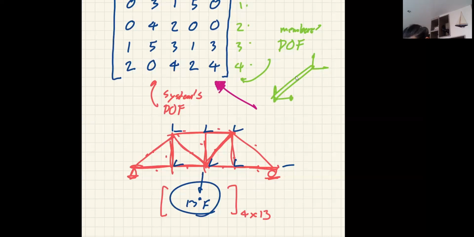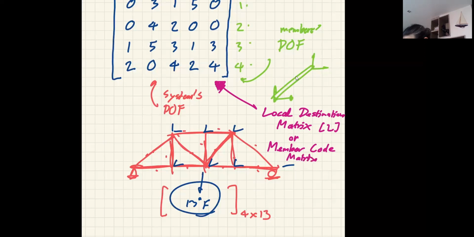This is what we call the local destination matrix, or L. Sometimes it's called member code matrix, M. It's a matrix that tells the relationship of the displacement of the entire system with the displacement of each member.